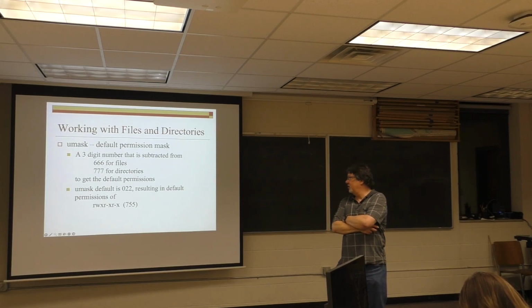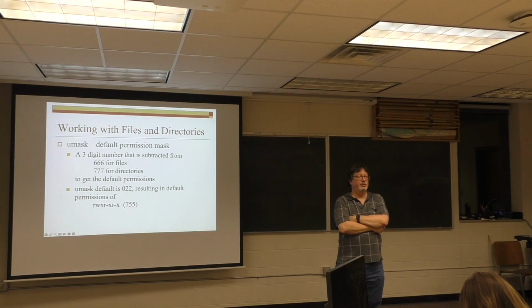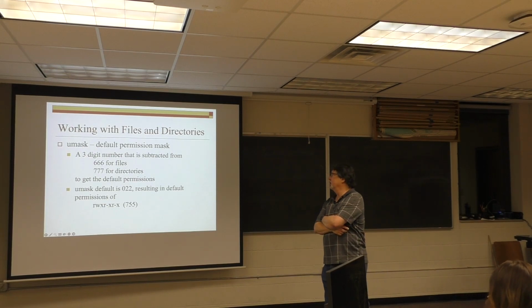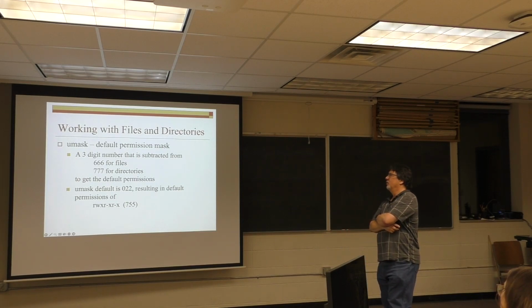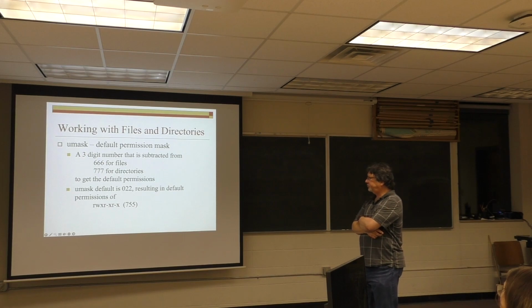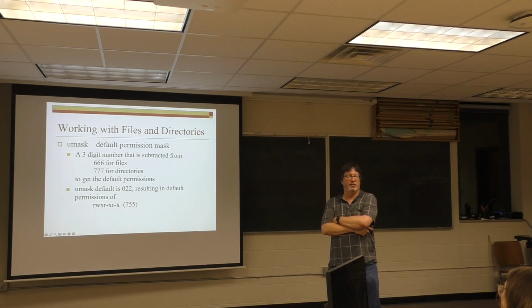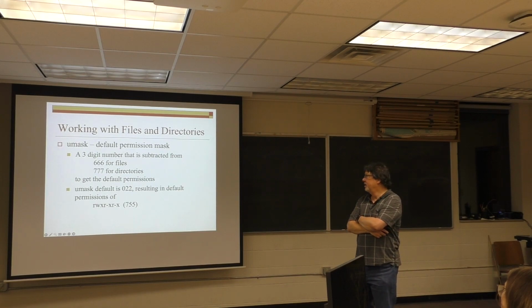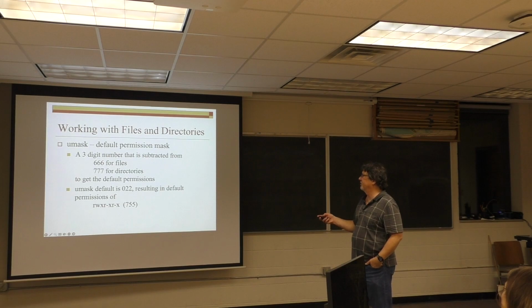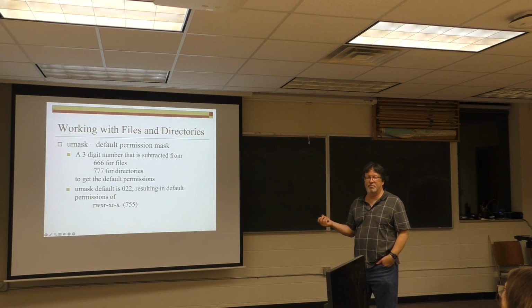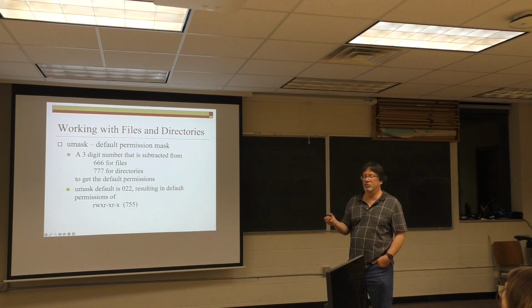Okay, I said that the default usually is read and write permission for you and read permission for everybody else. There's this thing called a UMask, which is a default permission mask, which gets set when you first log in, but you can change that if you want your default permissions on your files and directories to be different. It's a 3-digit number that gets subtracted from 666 for files and 777 for directories to get what the default permission is before you make any changes to it.